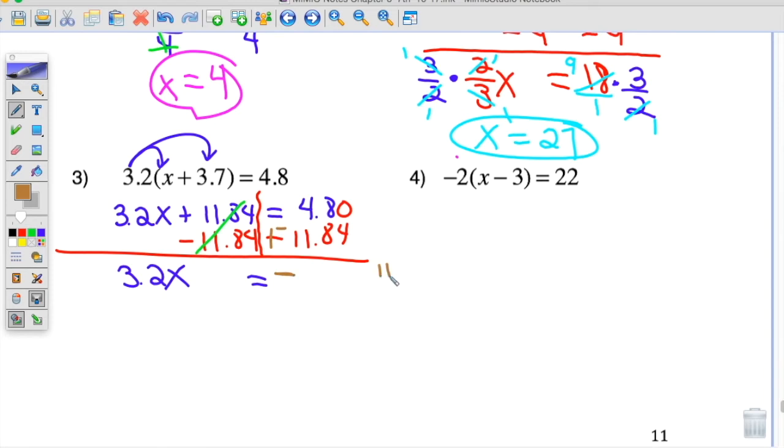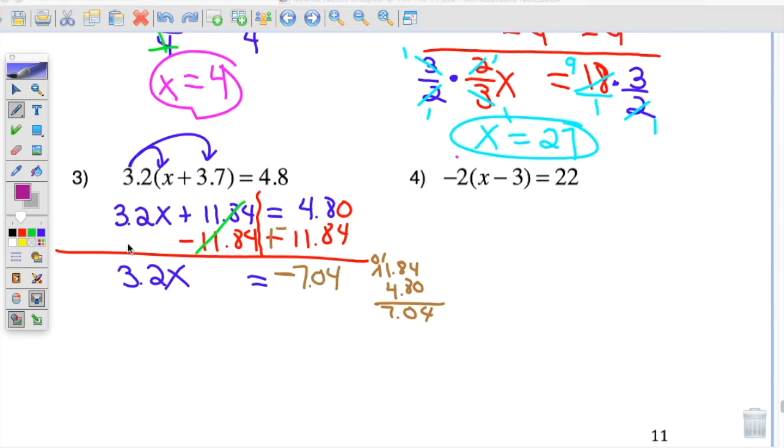So this is what you're actually going to put into your calculator, or you can do the work off to the side. And we get negative 7.04. So now we have our 3 and 2/10 x is equal to negative 7 and 4/100ths.